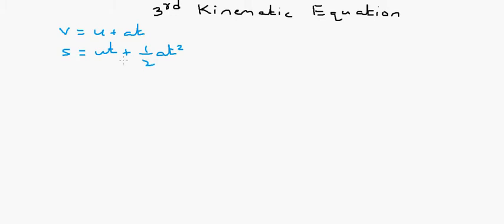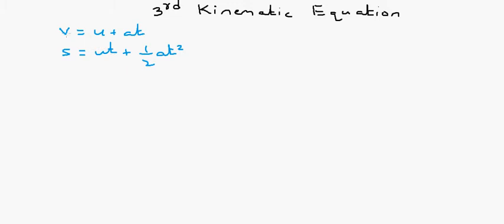Now if you observe these two equations, you will know that in the first equation you are relating final velocity with acceleration, and in the second equation you are relating displacement with acceleration.